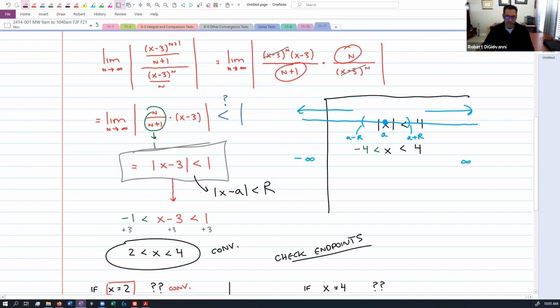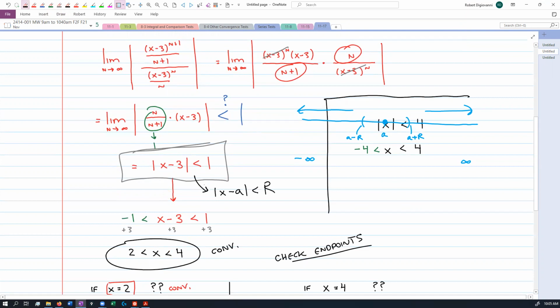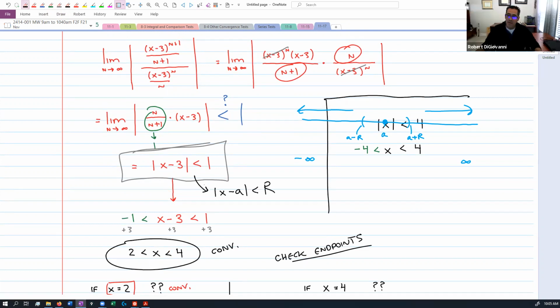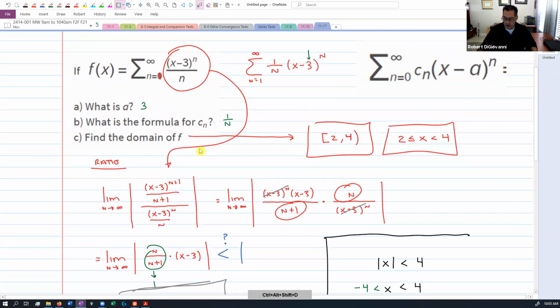So what would capital R be here? 1, right? The radius of convergence for this is 1. We'll do more examples, but the radius of convergence is 1.